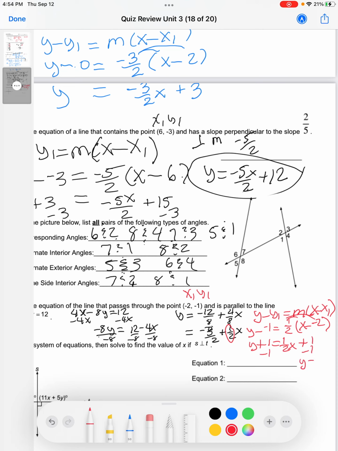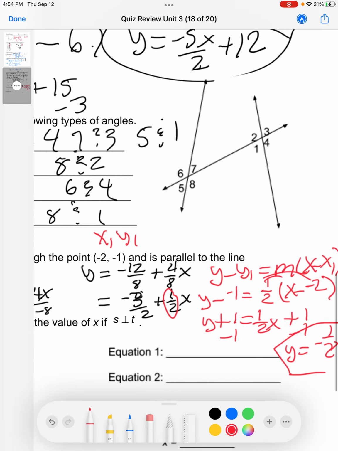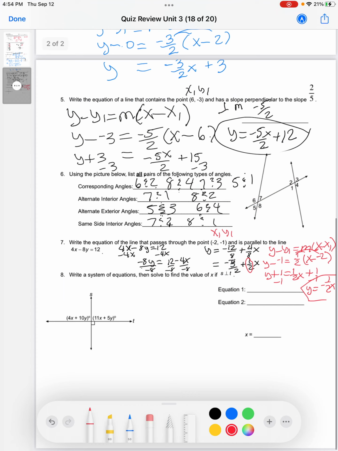And then if I subtract 1 from the other side, I get y equals 1/2 x. And that's the equation right there. It's kind of running together. Oops, let me get rid of that.